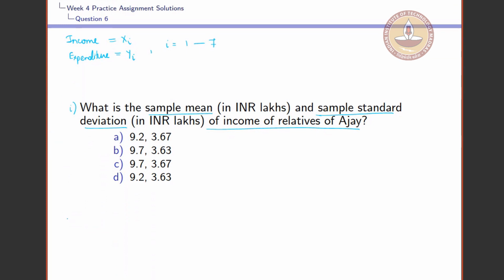We have to calculate the sample mean of income of relatives of Ajay. So the sample mean, let it be x bar, is equal to the sum over xi divided by 7, where i is varying from 1 to 7.